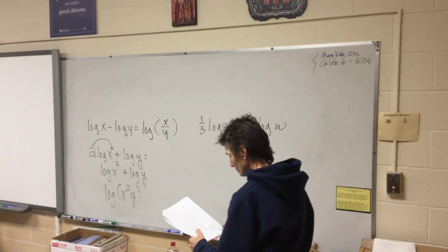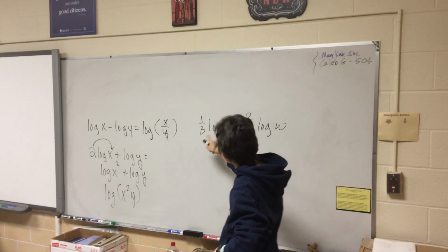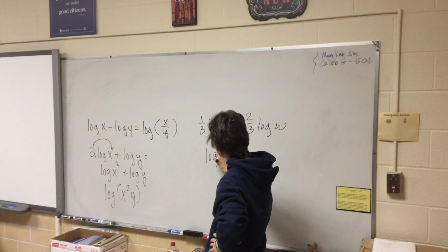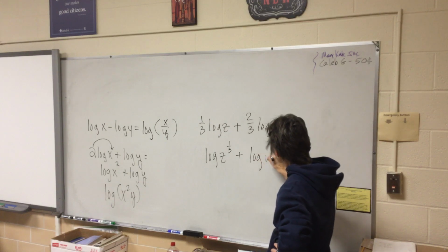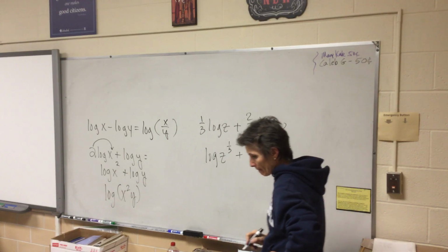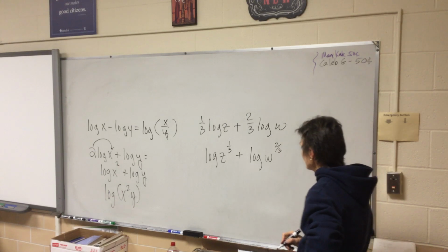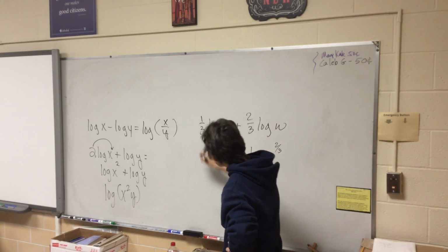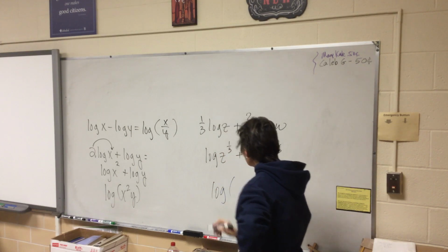Don't freak out. Same kind of problem. These numbers out in front represent exponents. Once I get those exponents moved, I can combine these into 1 logarithm.